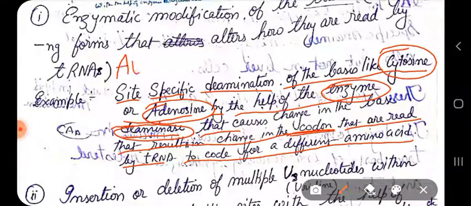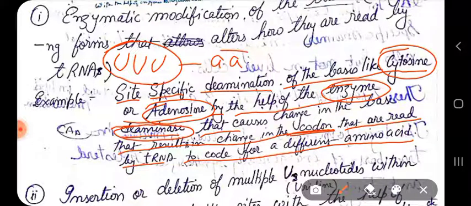Like AUG, which is a start codon. Or better to say, I am giving another example. Suppose UUU codes for a different amino acid. Sorry, not UUU. Suppose it is cytosine, CCC, which codes for a different amino acid.